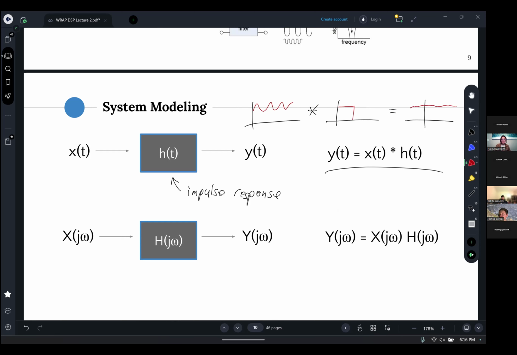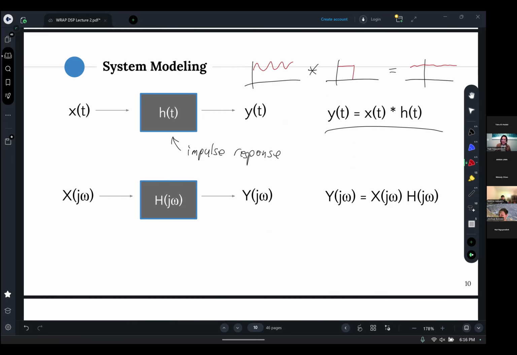So yeah, that's one way of modeling systems, and then the other way is going to be the bottom representation that I have here. Just think of this as in the frequency domain. A lot of times we just call this the transfer function, and then we can multiply the frequency domain representation of our input signal with the transfer function, and then we're going to get the frequency representation of the output of the signal.